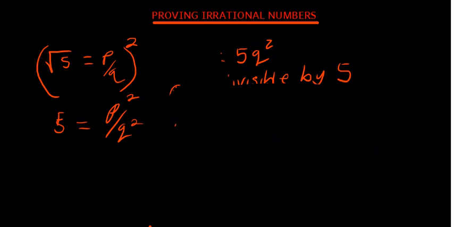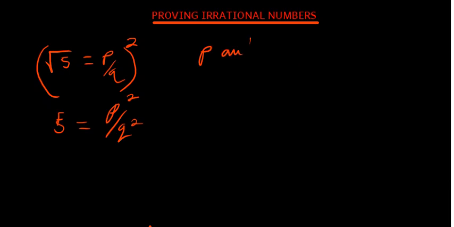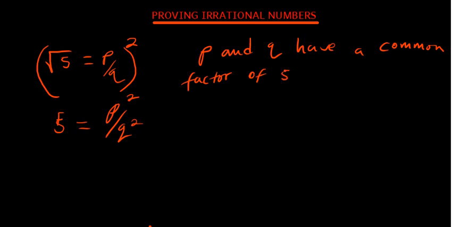So it has been discovered that p and q have a common factor of 5, which contradicts our assumption.